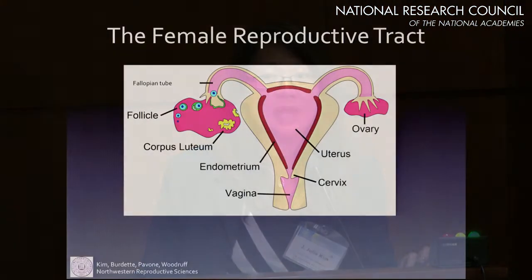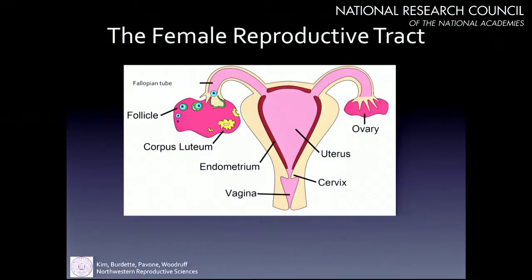If you go back to middle school, I'm sure you've learned the female reproductive tract to be an integrated organ system comprised of distinct functional units. Its main purpose is to reproduce the human species by providing half of the genetic material and a place for gametes to fertilize and to develop.